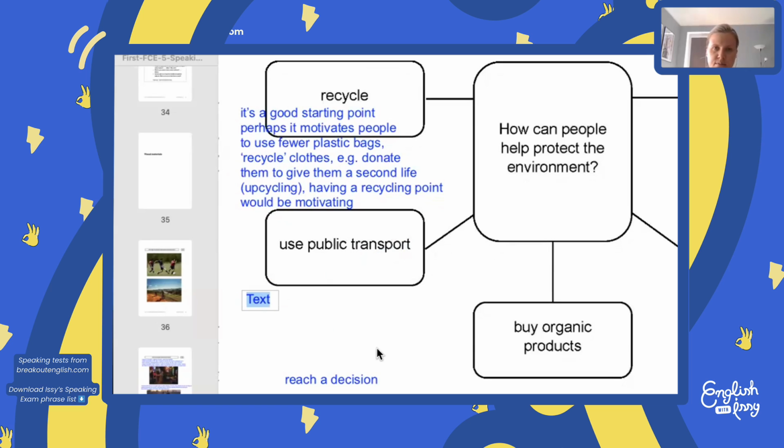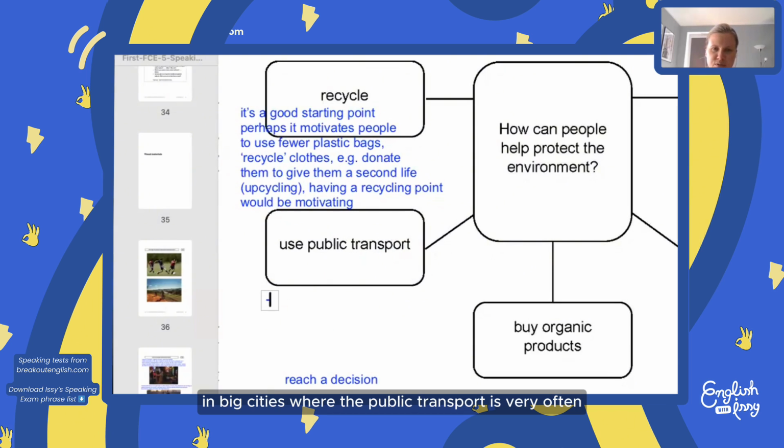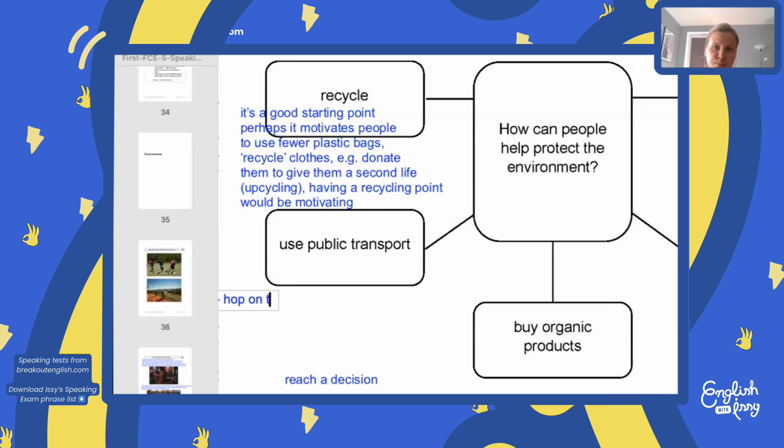Gosia? In big cities where public transport is very often a good solution, we should use it instead of using a car.